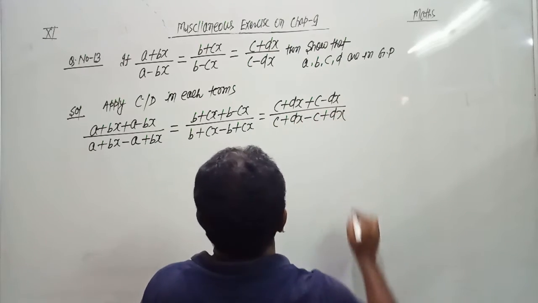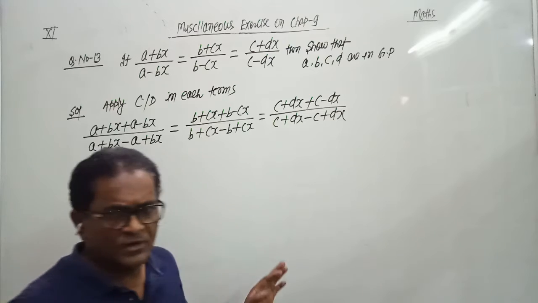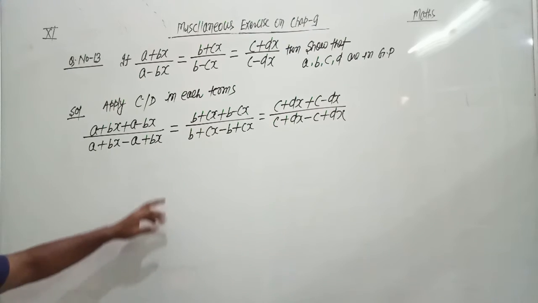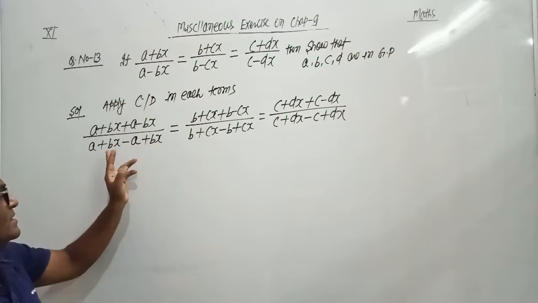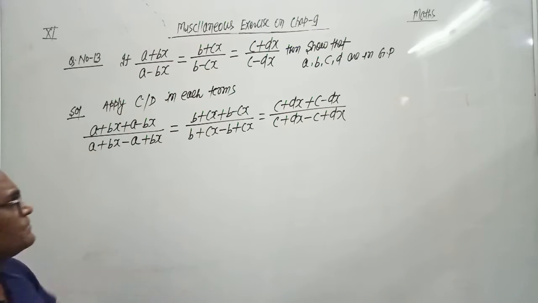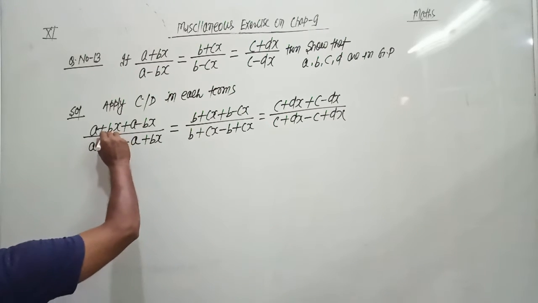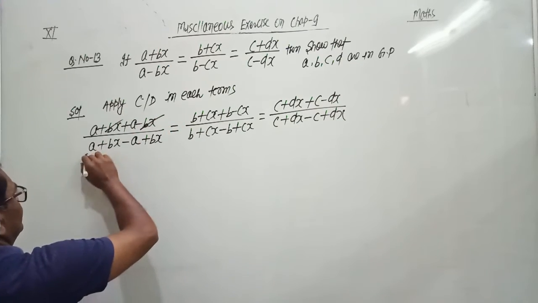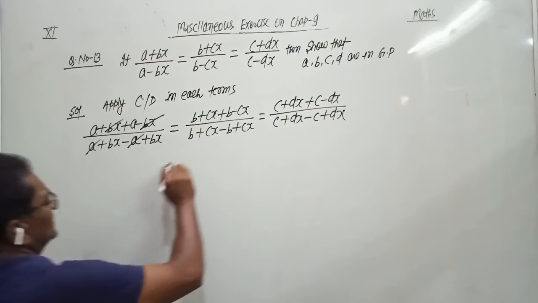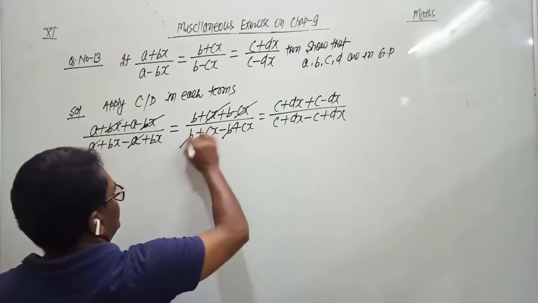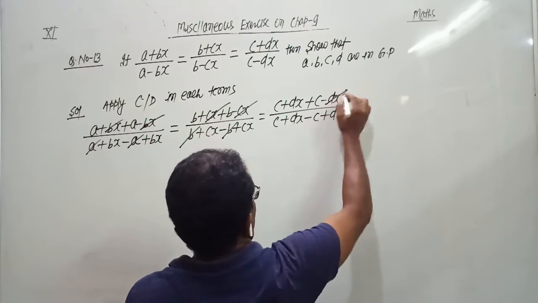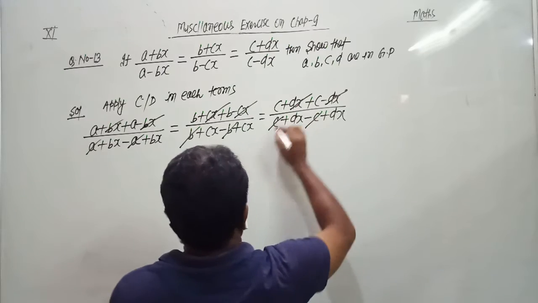We have used the concept of componendo and dividendo: once the denominator is added and then the denominator is subtracted. So plus bx minus bx cancelled, plus a minus a cancelled, cx cancelled, b cancelled, dx cancelled and c cancelled.